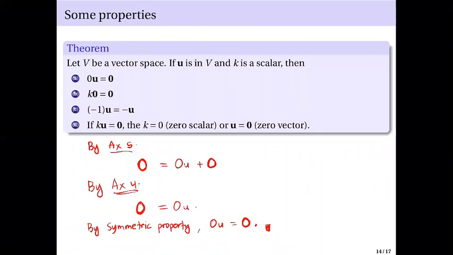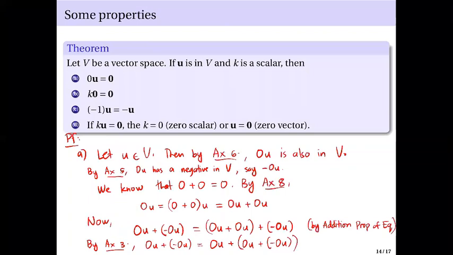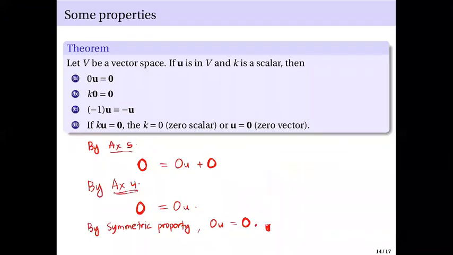So again, we just applied here the axioms. Okay? For this part here, we apply axiom number 5 so that we will just get 0. When you have a vector, you add its negative, you will get your 0 vector.